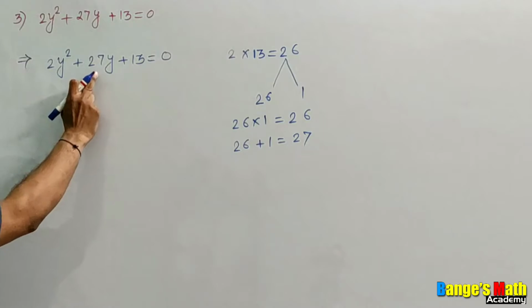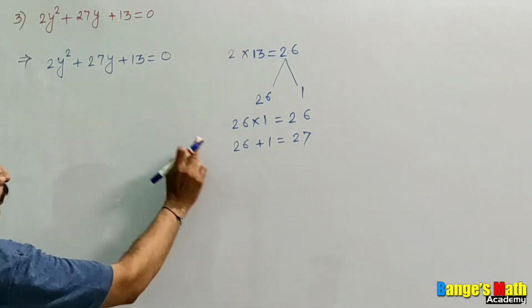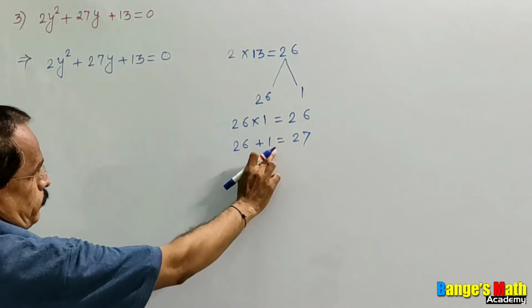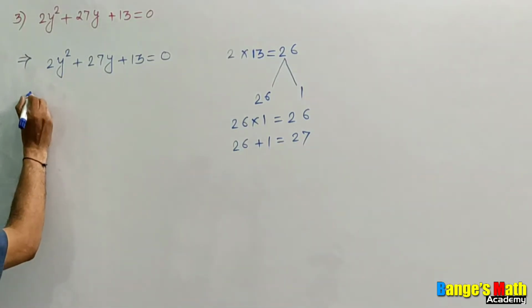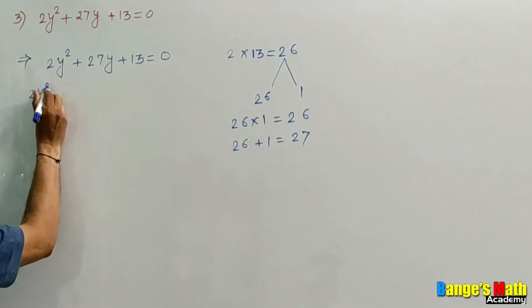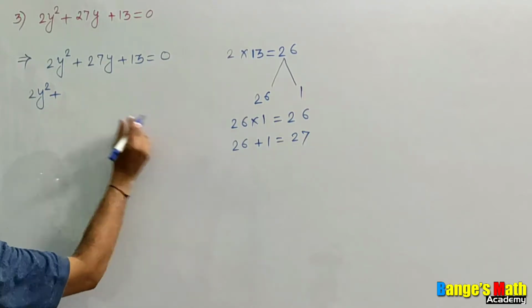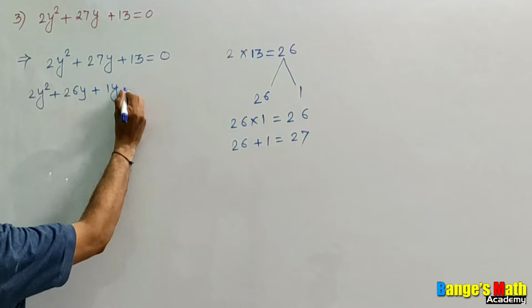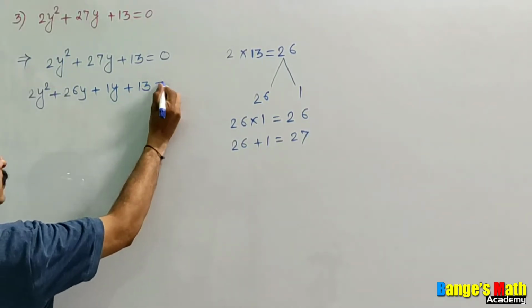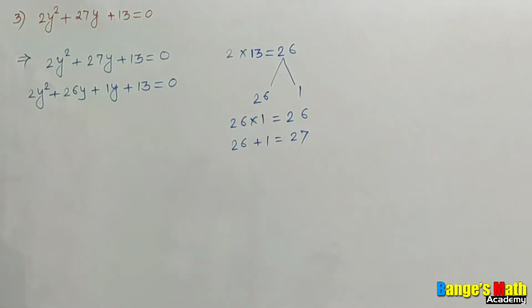So write down the middle term like this, 26 plus 1. Write down the given example, 2y square plus 26y plus 1y plus 13 is equal to 0.